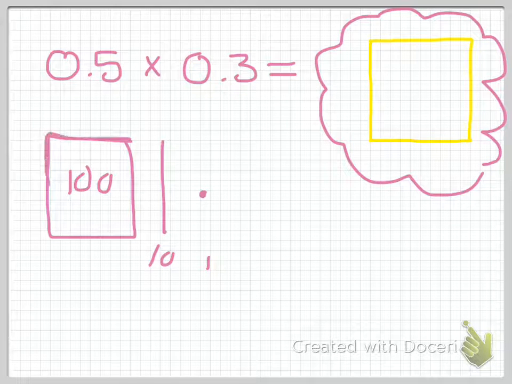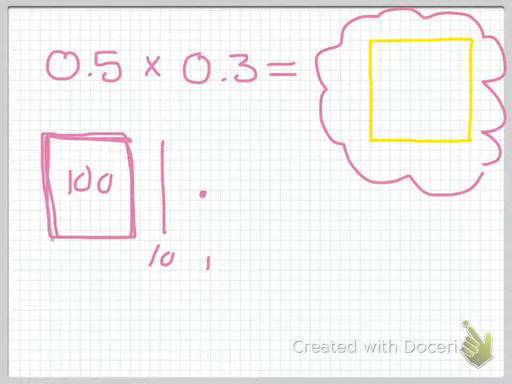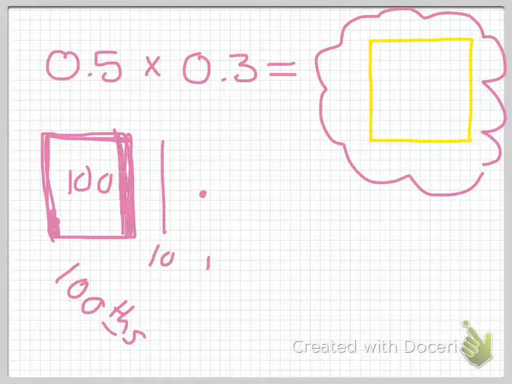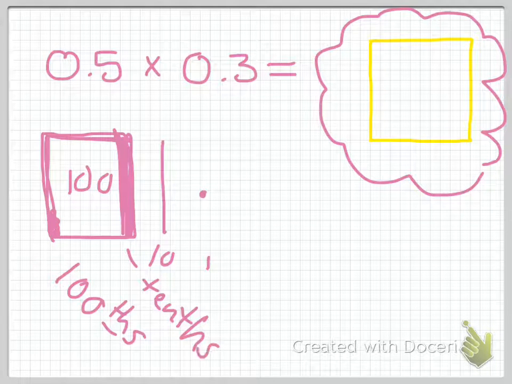So one whole flat is the same as 100 small pieces, or we could say that it is a hundredths grid, okay? So each little unit in there is 1/100th. If you draw in one long, then that's the same as tenths, all right?